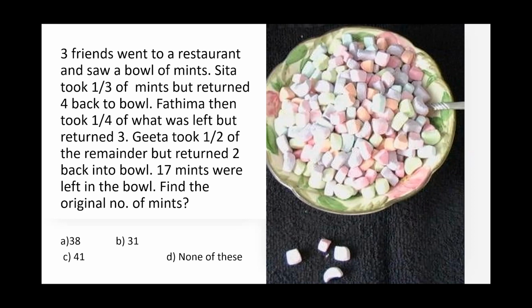If you see, Sita had taken 1/3 of the original mints. So can I be sure your answer has to be a multiple of 3? 38 is not a multiple, 31 is not a multiple and 41 is also not a multiple. So you can straight away declare the answer as D. You need not even solve with the backtracking method. So based on the context, you have to decide which method to use.